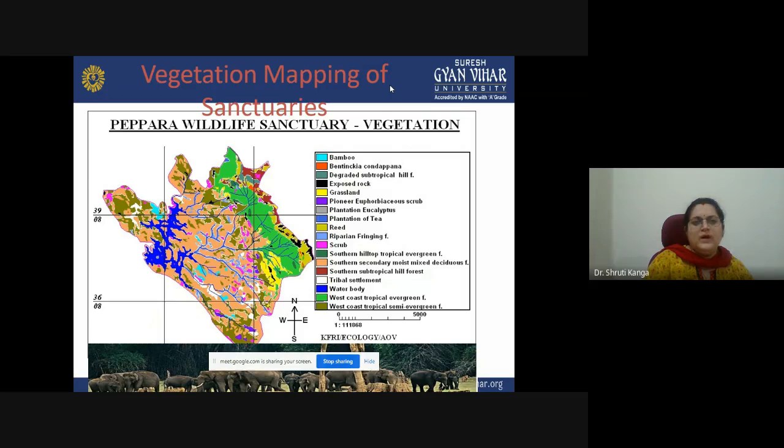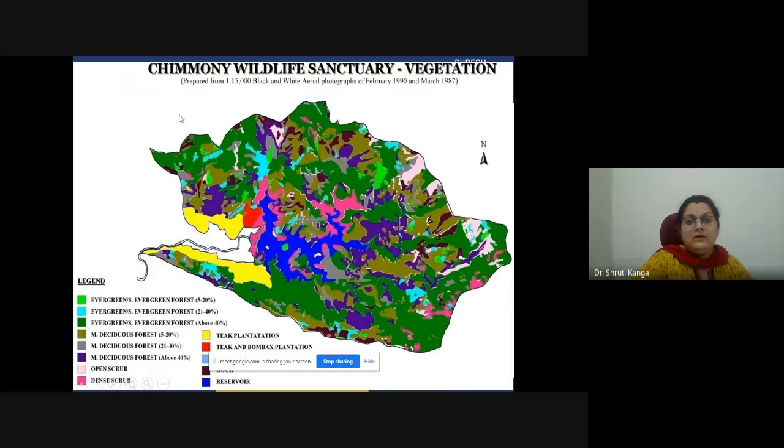Then the vegetation mapping in this Peppara wildlife sanctuary. We have these many forest types here in this wildlife sanctuary. Then again one more wildlife sanctuary.